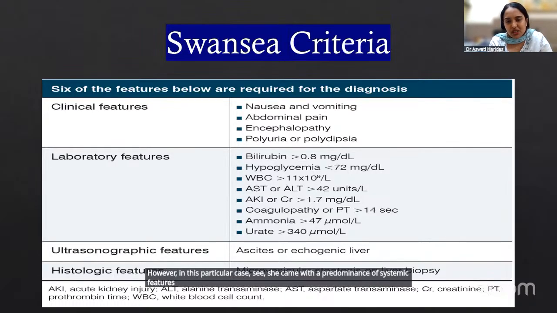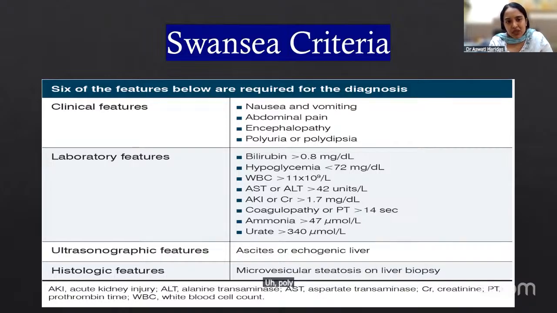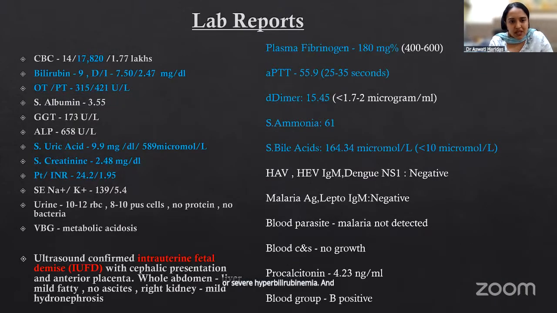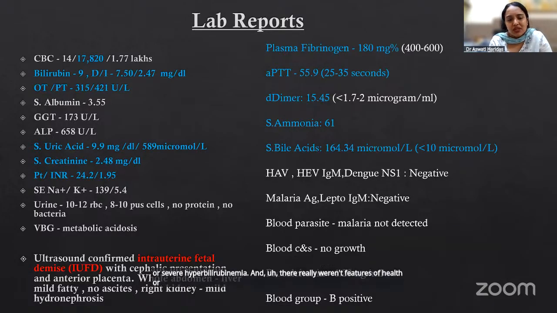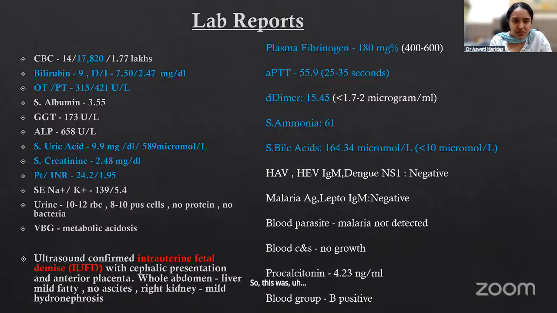She had nausea, vomiting, decreased appetite, polyuria, polydipsia. There was very mild hypertension. The platelet count was normal. Severe hyperbilirubinemia. And there really weren't features of HELLP or preeclampsia. She didn't have severe hypertension or thrombocytopenia or proteinuria.